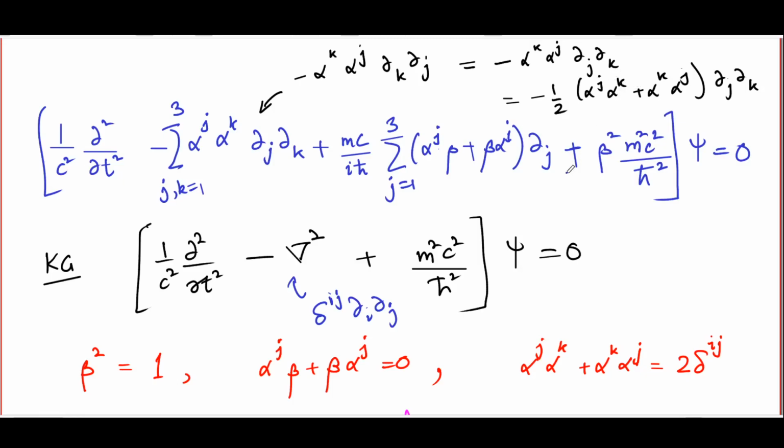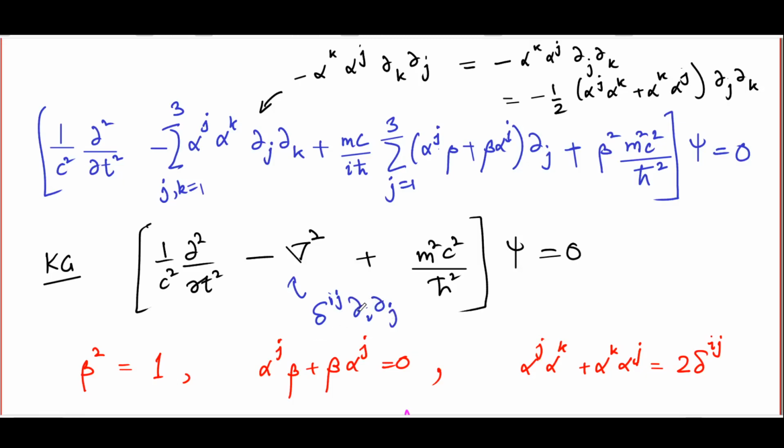Now what is important is since ∂_j ∂_k is symmetric in the interchange of k and j, only the symmetric coefficients of both sides can match. Any antisymmetric part when contracted with ∂_j ∂_k would give you 0. Which is why you could not actually equate α_k α_j or α_j α_k here with the δ_jk, which would have multiplied ∂_j ∂_k in this expression.